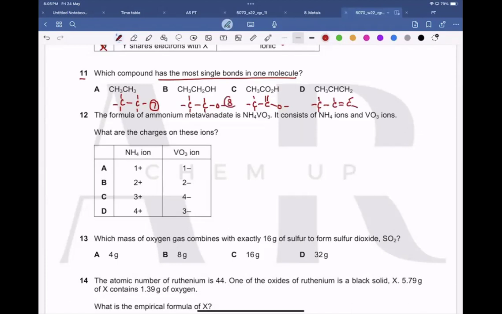So I think 8. And over here, 1, 2, 3, 4, 5, 6, 7. So B is the correct one for 11, which makes A, C, and D go wrong. So B is the correct answer.